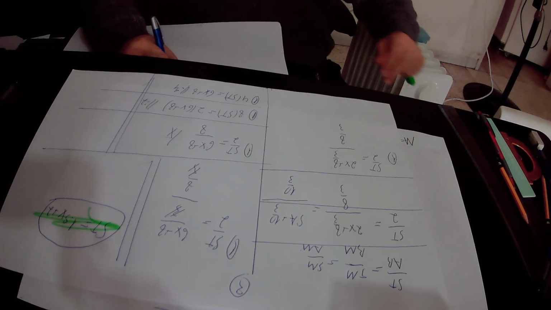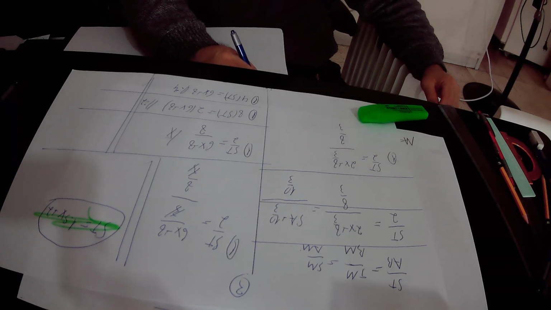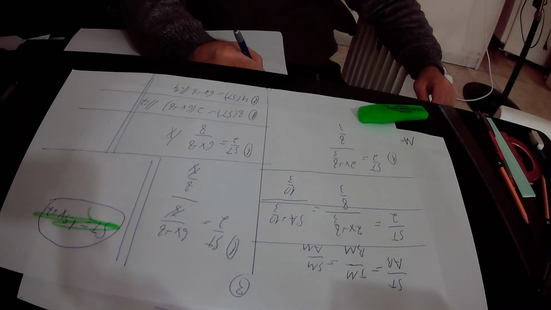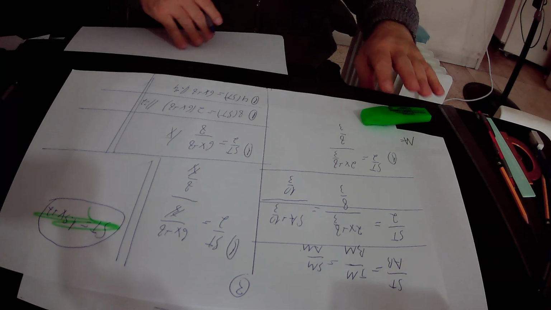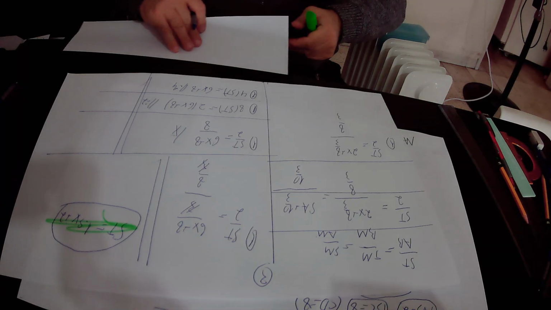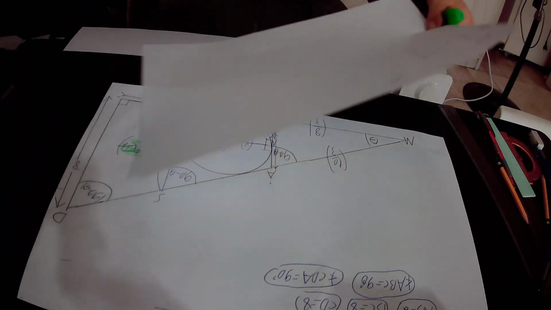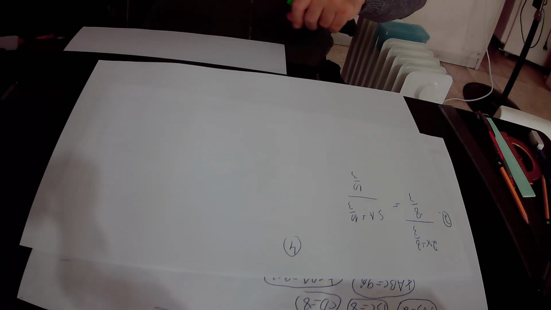So according to equation 2, we have 2x plus 8 over 3 over 8 over 3 equals SA plus 10 over 3 over 10 over 3. This is equation 2 that we created from the long equation.